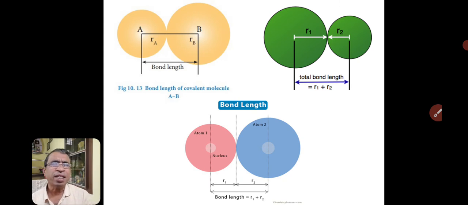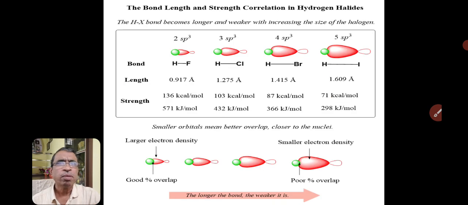This is a slide that shows the meaning of bond length. It is the average distance between the 2 bonded atoms in a molecule. This shows the bond length and bond strength correlation in hydrogen halides.